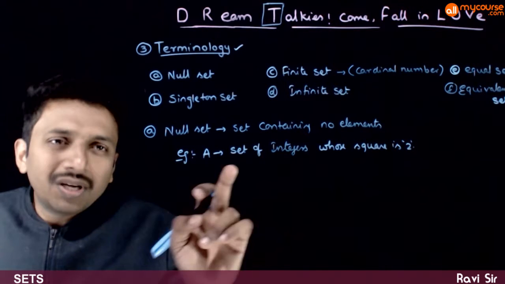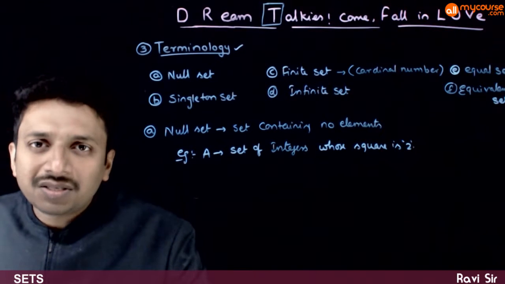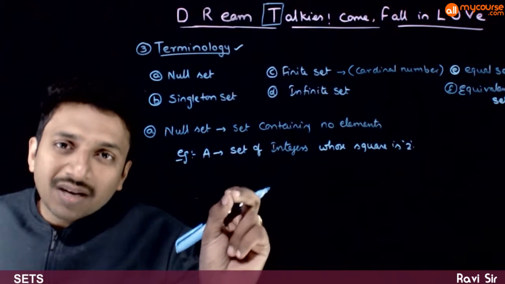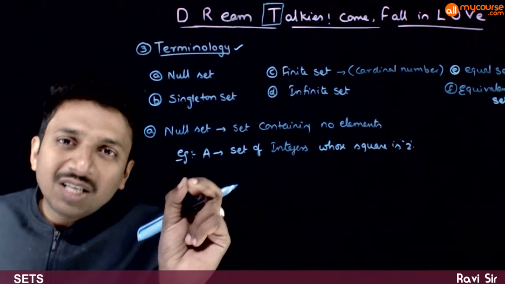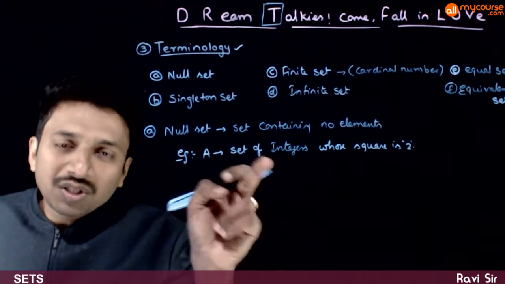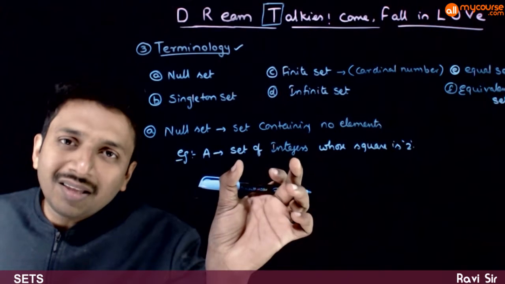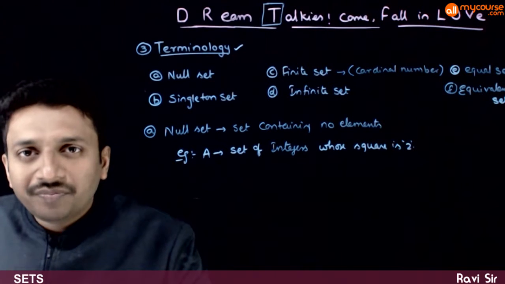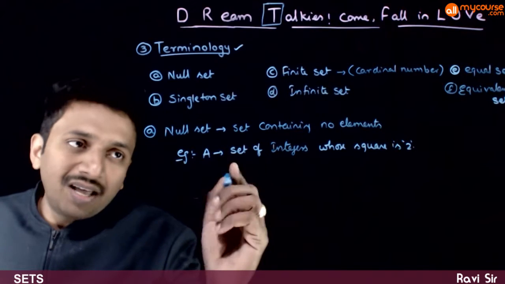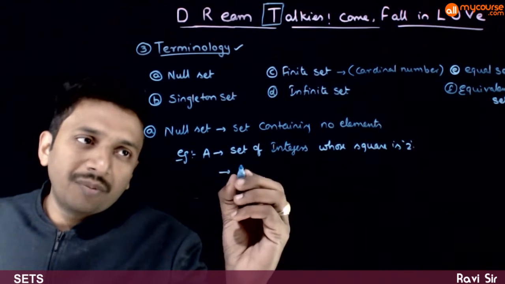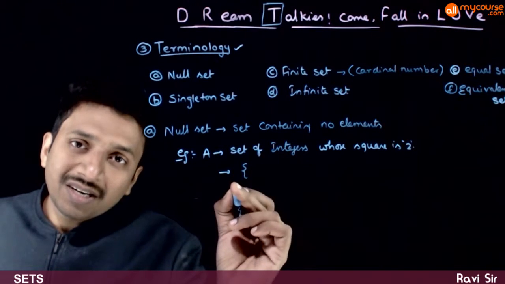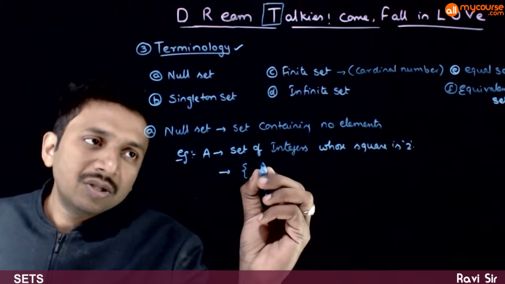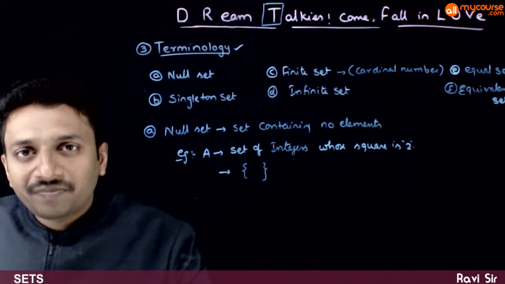You know that there is no integer whose square is 2, because if x square is equal to 2, x has to be equal to root 2. But root 2 is not an integer. There is no element in the integer set whose square is 2. So what is the set A if I have to write it in roster form? What are the elements present in this A? There are no elements. So I write it like this.